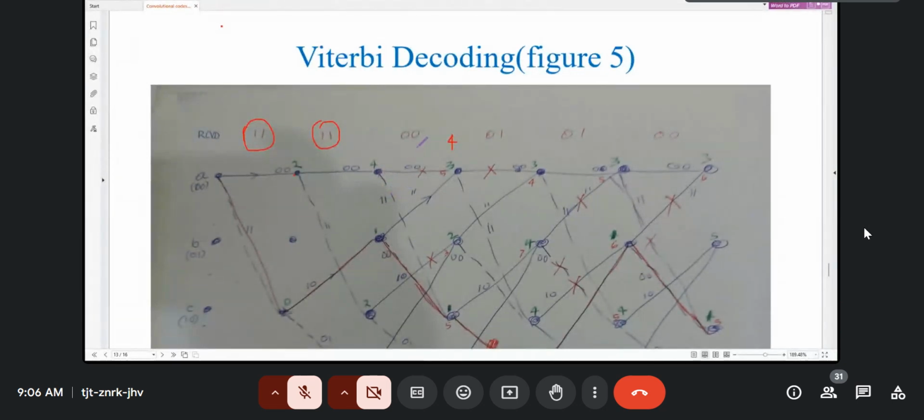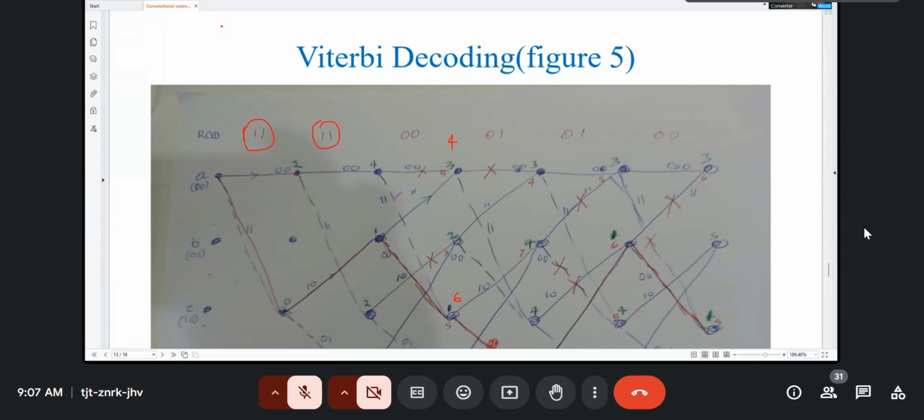Now, this is 2. This is 0, 0. This is 1, 1. The output here is 1, 1. So the difference is 2. So this ideally should be 6, if you're only considering this one.